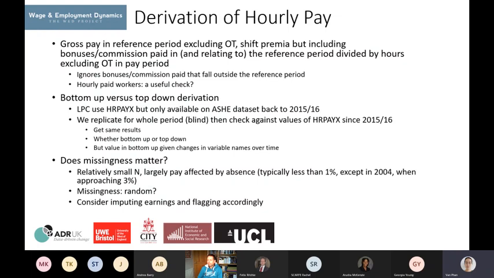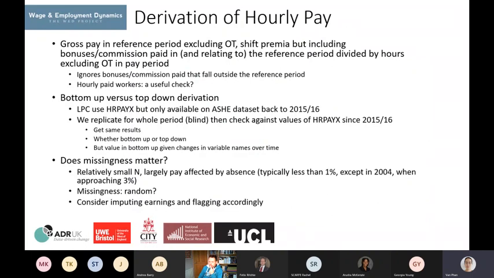So, it's about constructing the hourly pay. Just a quick recap about the hourly pay. This is defined as the gross pay in the reference period, excluding overtime and shift premium but including bonuses and commission paid in the reference period, divided by hours, excluding overtime, in the pay period.